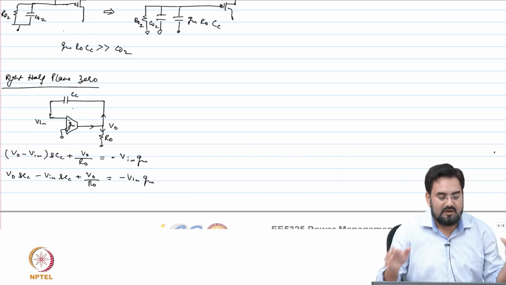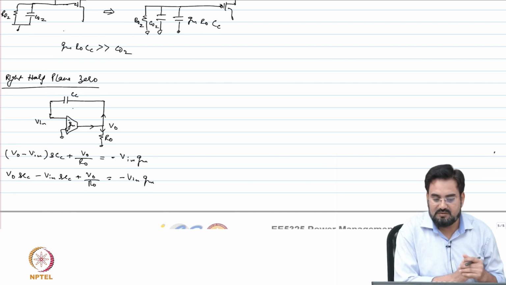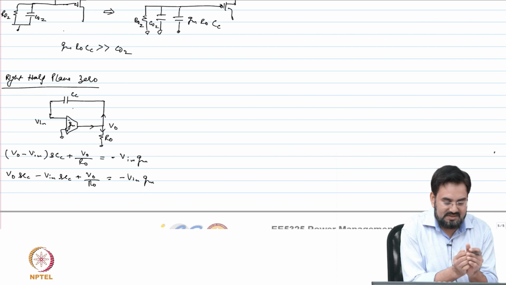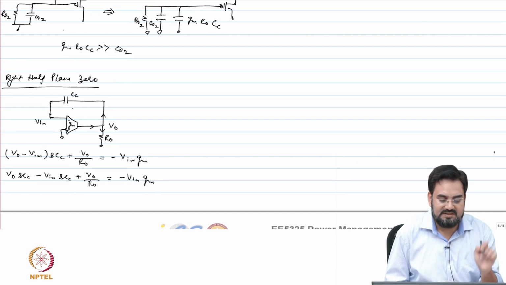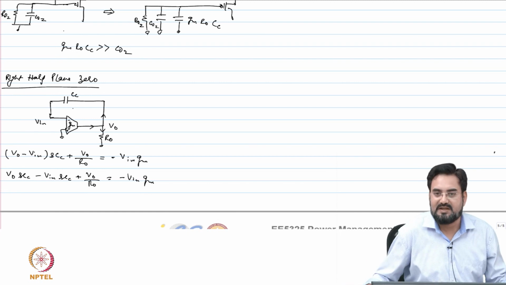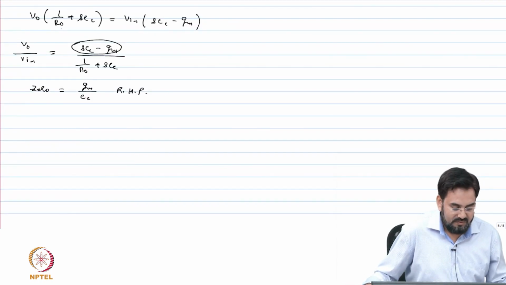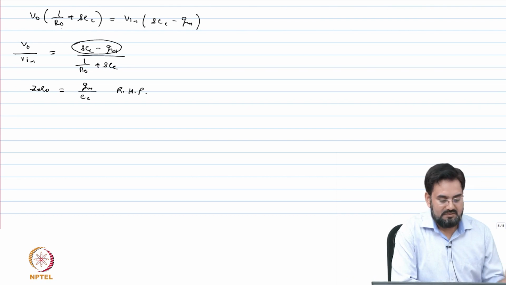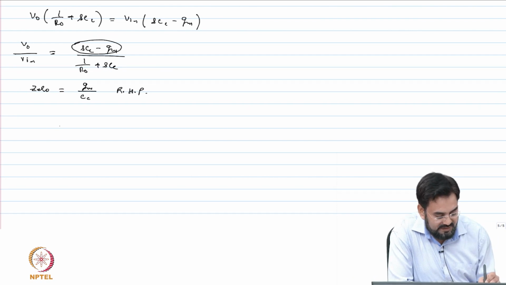So, if you want to find the overall transfer function, you have to include all those, but just in order to show that there is a right half plane 0, I just simplified everything and only consider this CC, because if you consider all those caps, then it will complicate the things. So, there is a right half plane 0.